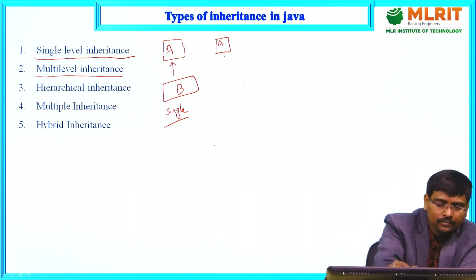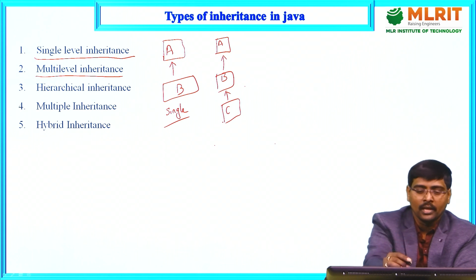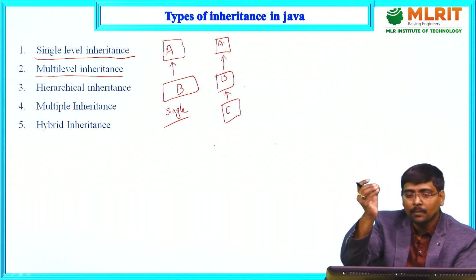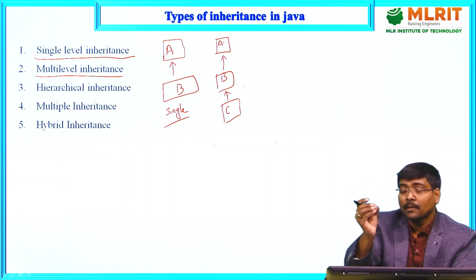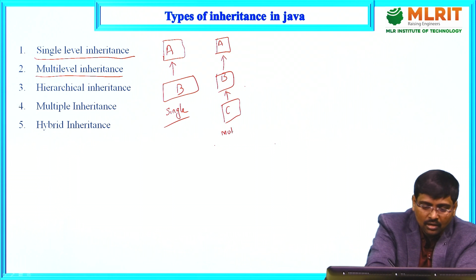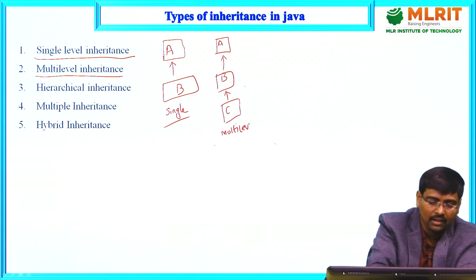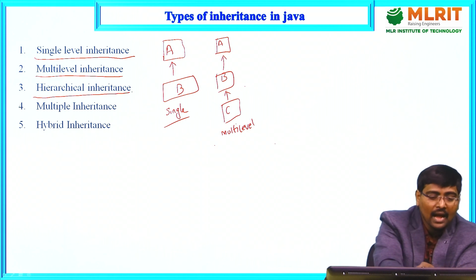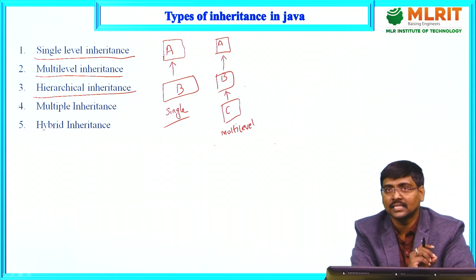A, suppose B, suppose C. Minimum three classes are required. This is the grandparent, the properties go from A to B and the properties from B to C. This is called multi-level. Third one, hierarchical inheritance.